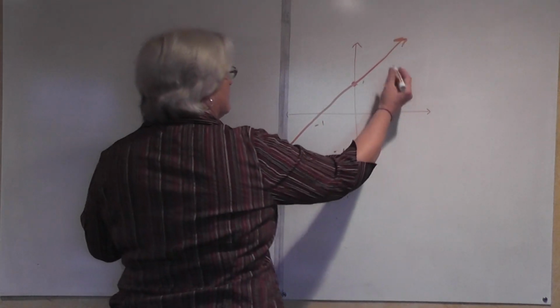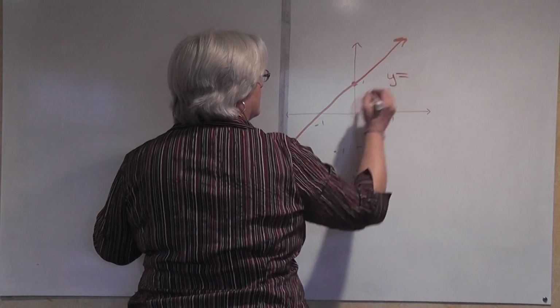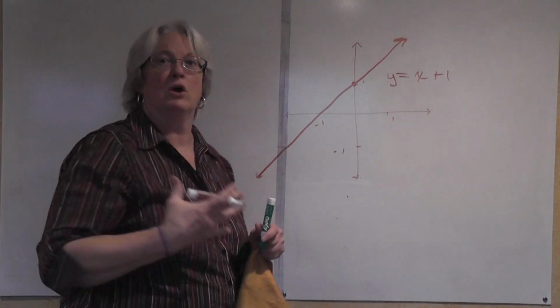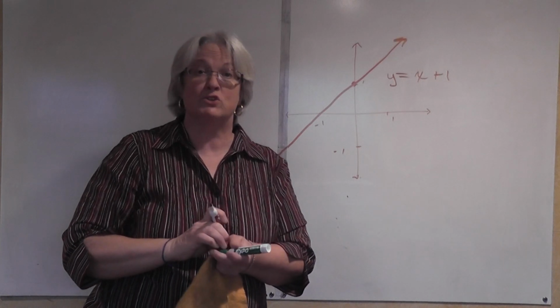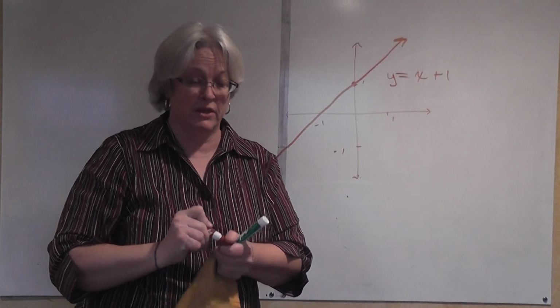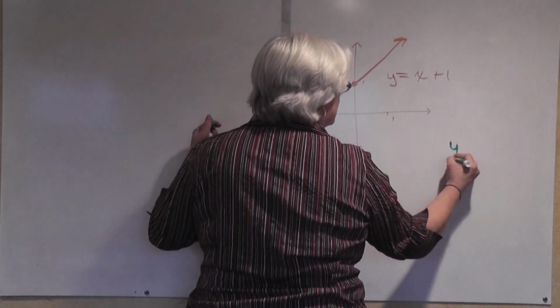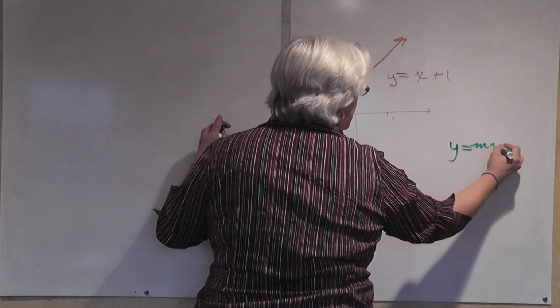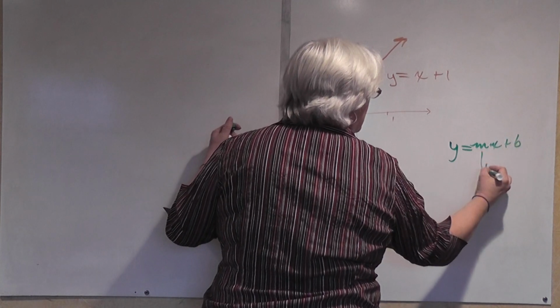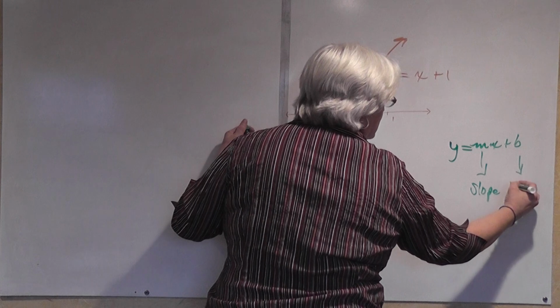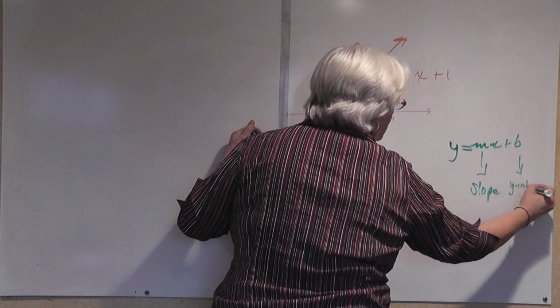Well, this is the graph of the equation y is equal to x plus 1. Do you remember what our equation is? That's the slope-intercept form of the line. That equation is y is equal to mx plus b, where m is the slope of the line and b is its y-intercept.